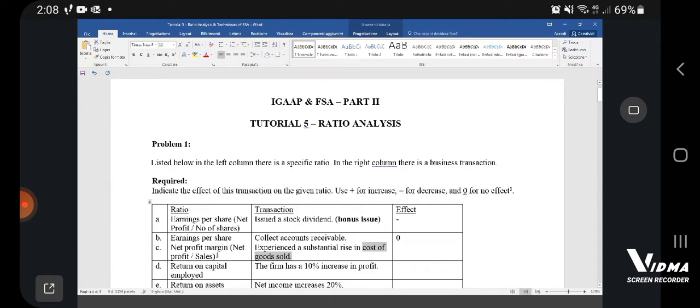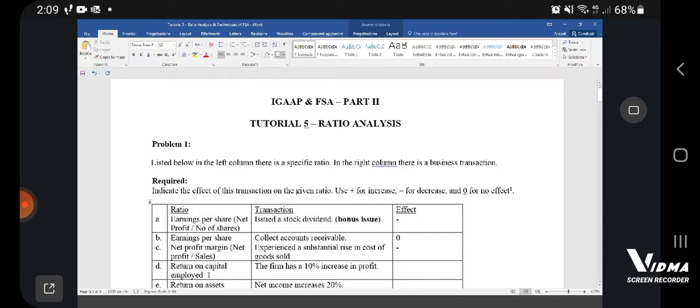The cost of goods sold is increased when you sell something. So you are selling, the sales are rising, and in the meantime, the net profit is decreasing. Mathematically, if you have a ratio whose numerator is decreasing and denominator is increasing, the value of the ratio itself will go down, will decrease, okay? So it's a minus here.